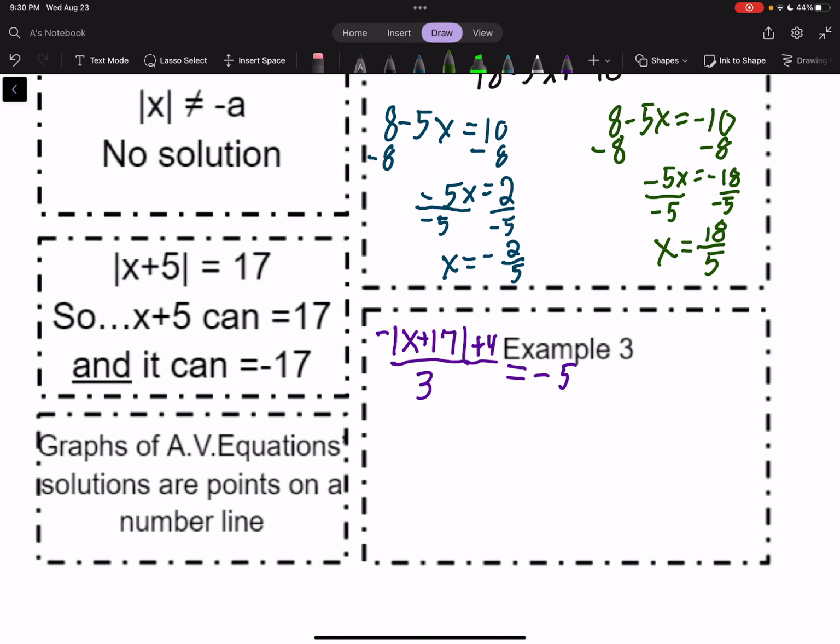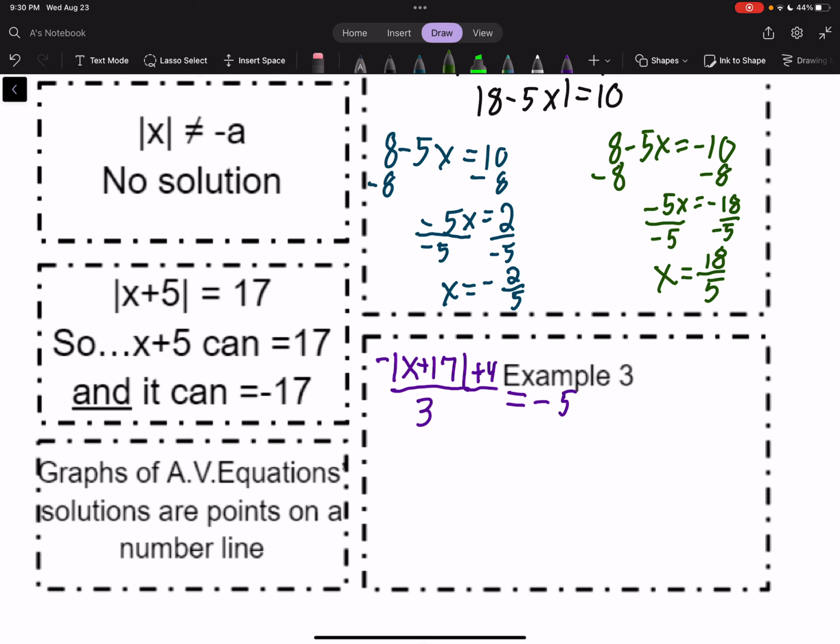Our last example will be done for the day. The first step is we're going to multiply 3 on both sides. This is going to leave us with negative absolute value of x plus 17 plus 4 is equal to negative 15.